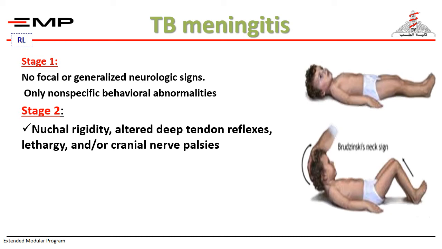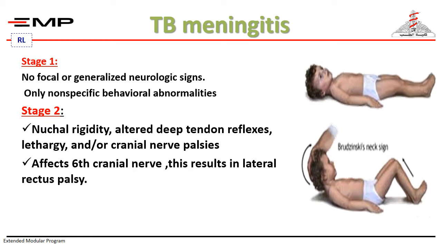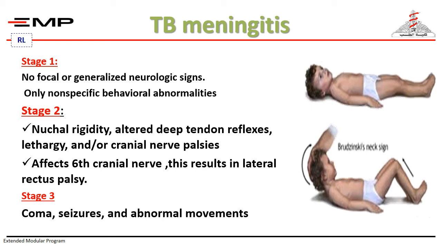Deep tendon reflexes are exaggerated. Lethargy can occur with cranial nerve palsies. It commonly affects the sixth cranial nerve, resulting in lateral rectus palsy, and the child will be squinting. Stage 3, coma, seizures, and abnormal movements can occur.